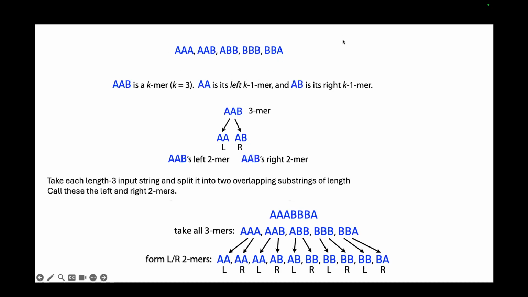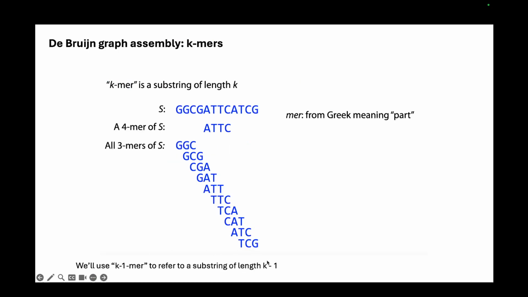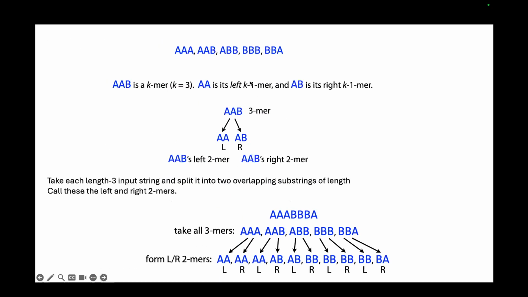Say, for example, you have these particular k-mers here. Here k equals 3, so these are 3-mers. If you break down these k-mers into smaller substrings, and this is the read AAB, the left two elements AA are the left k minus 1 mer. So AA is the left k minus 1 mer and AB is the right k minus 1 mer.